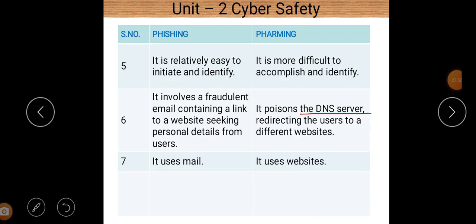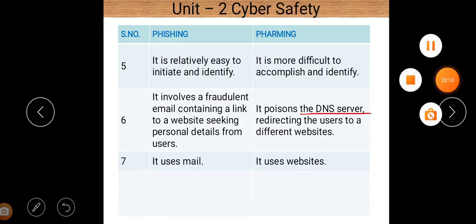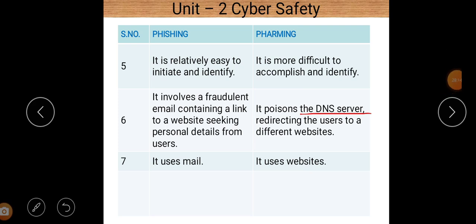The US Department of Justice, that is DOJ, divides cybercrime into three basic categories.